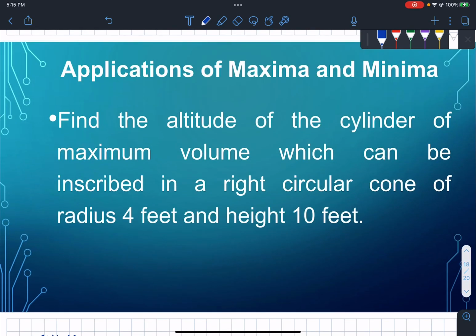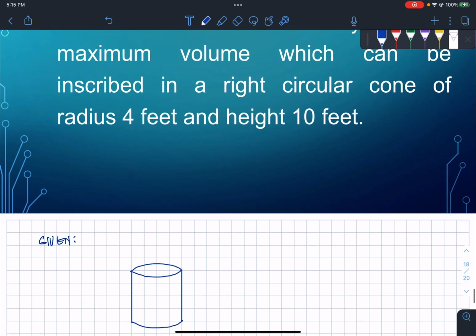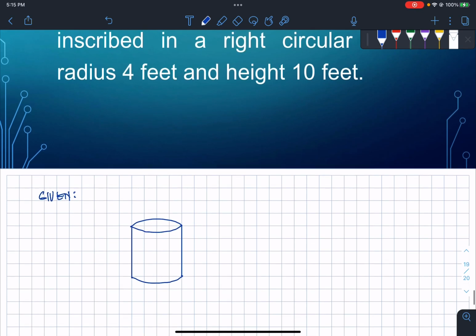Find the altitude of the cylinder which can be inscribed. So inscribe, which can be placed inside the right circular cone.